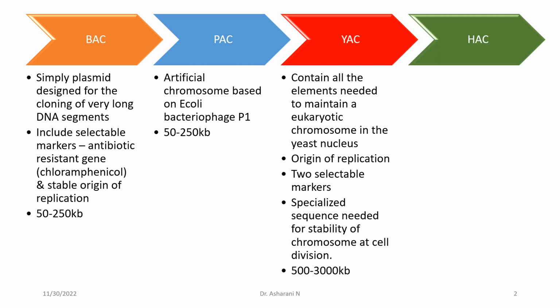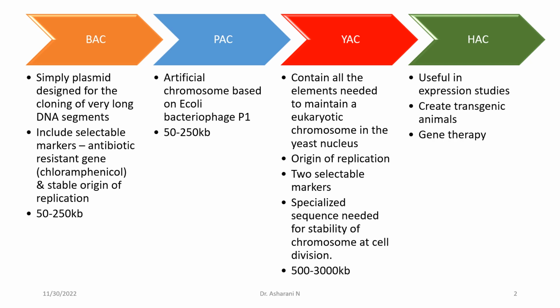Then we have HAC. So HAC stands for human artificial chromosome. They are actually useful in expression studies. So whenever we want the gene to be expressed, it's better we go with this cultured or artificially structured human chromosome.